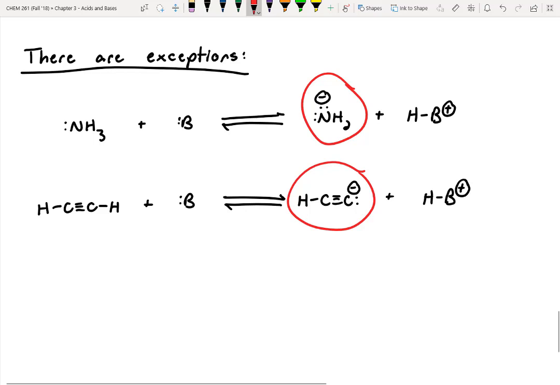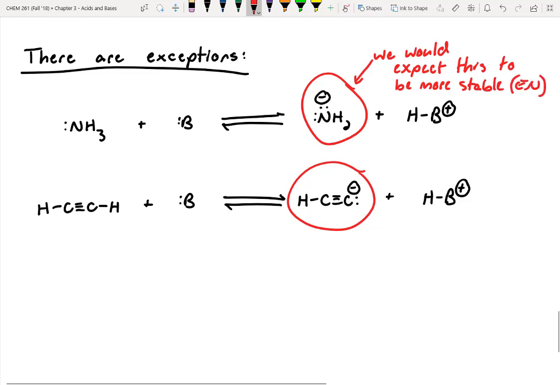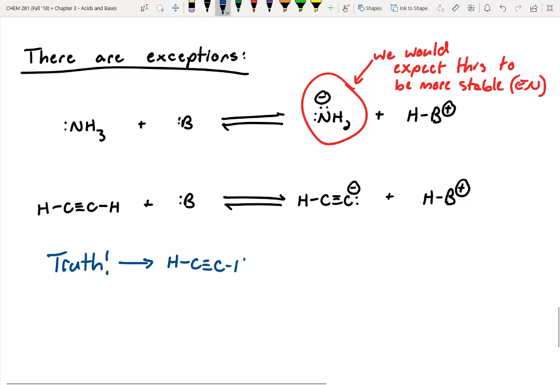So if we look at this one, we would expect this to be more stable due to electronegativity. However, that's simply not true. It is more acidic.